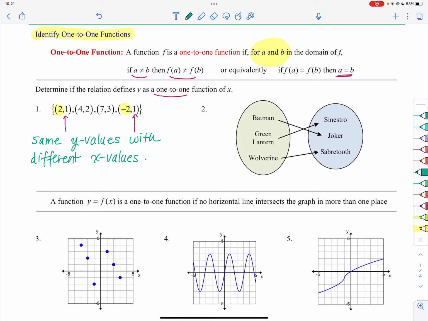So in this case, it is not a one-to-one function, okay? And we can use this notation one-to-one, okay?